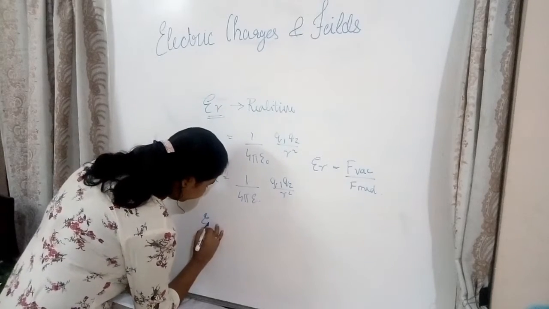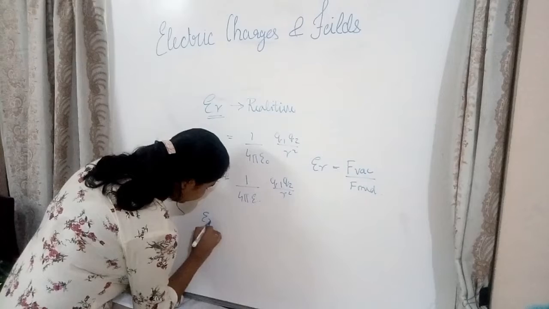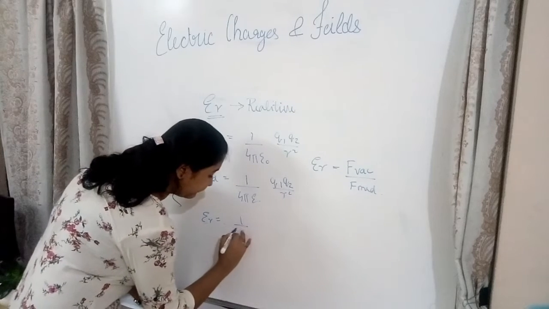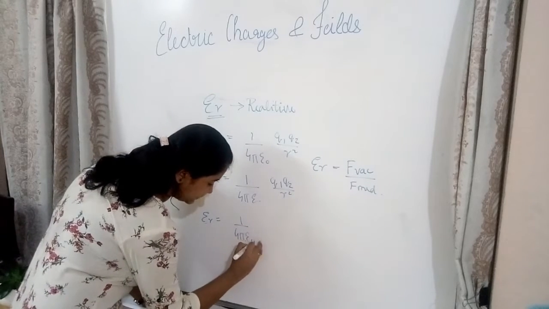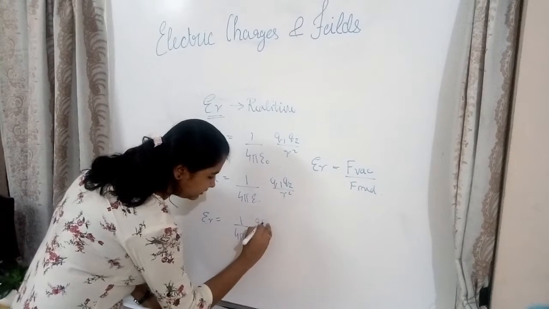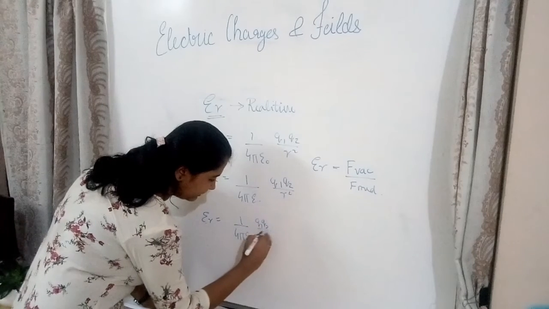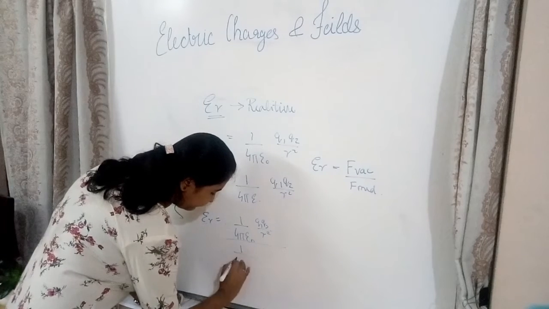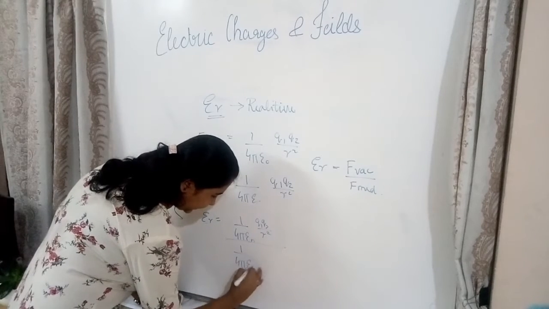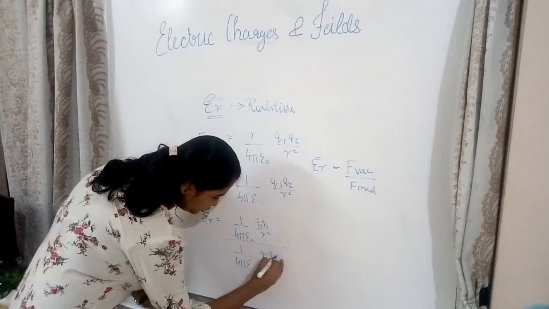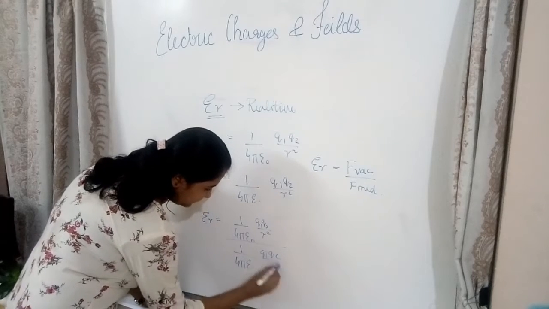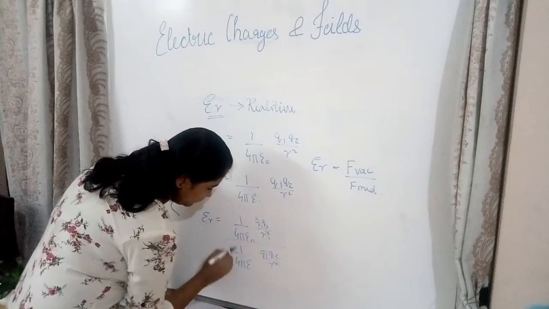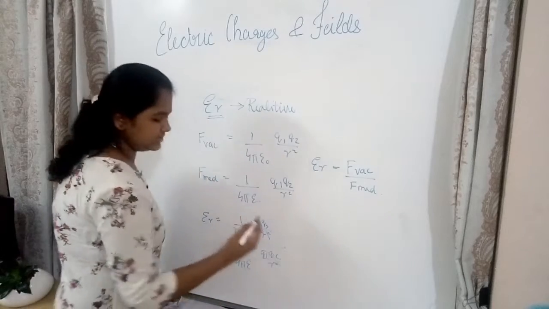So we'll write that over here. Epsilon R is equal to 1 by 4 pi epsilon 0 Q1 Q2 divided by R square, divided by 1 by 4 pi epsilon Q1 Q2 divided by R square. Cancel, cancel, cancel, cancel. Now what is there?